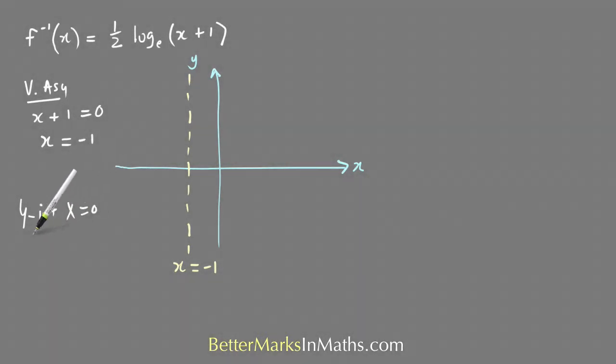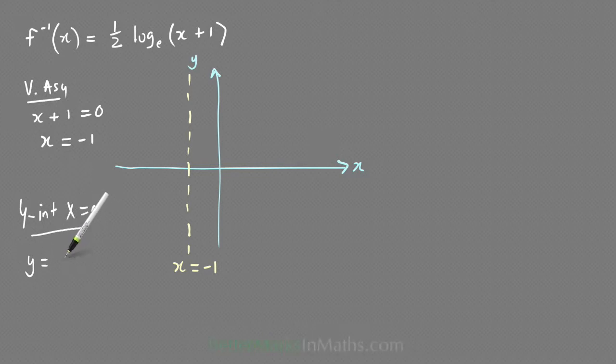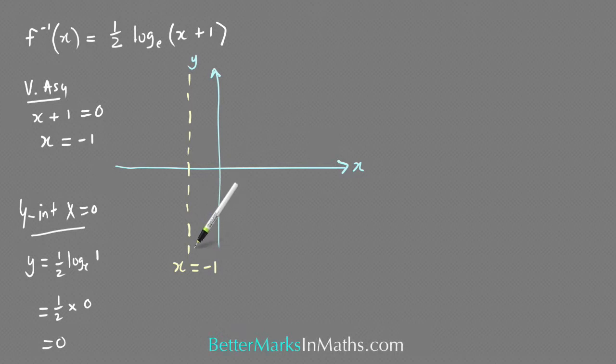I've actually done that in the other part, but if you just had this equation and I hadn't worked it out before, y-intercept x is 0, so you would get y equals 1/2 log e of 0 plus 1, which is 1, and then that's 1/2 times log e of 1 is 0, so that equals 0. So it's passing through 0, 0. So now I'm going to draw the log graph like that, and it is passing through 0, 0, so I'll fudge that a little bit there, and voila, there's the log graph.